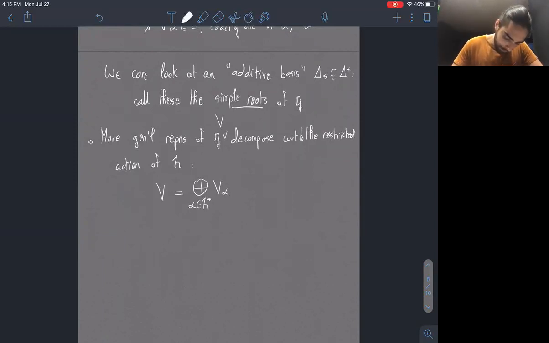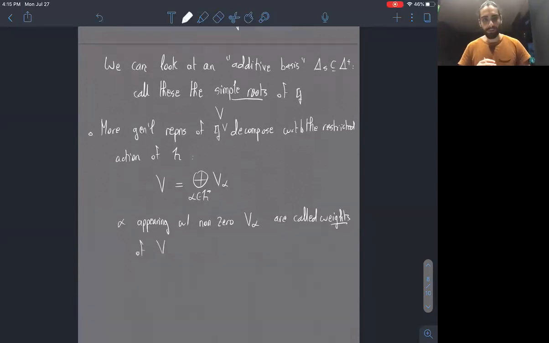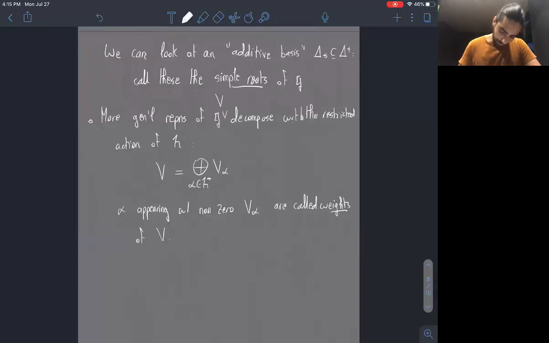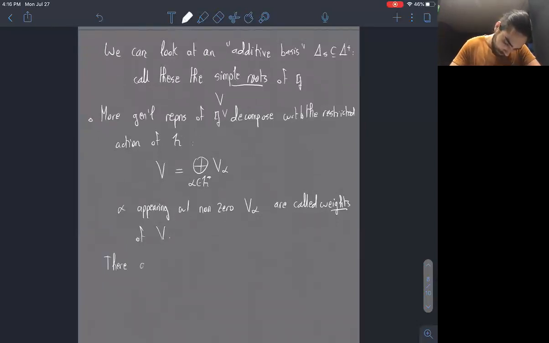And all of these alphas appearing here with non-zero V alpha are called weights of V. One of the features of the rep theory of Lie algebras is if you just study the weights of V, you can learn a lot about V. There are two particular classes of weights that inform the rep theory of G in particular.